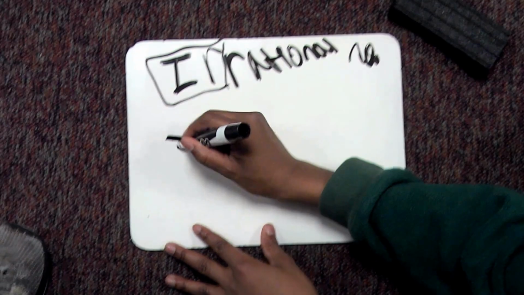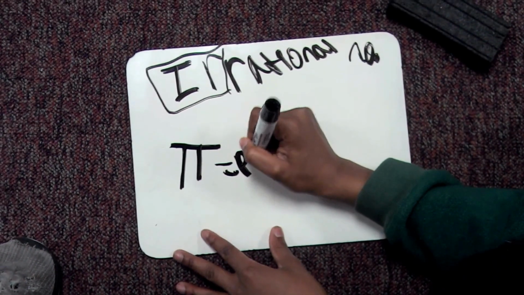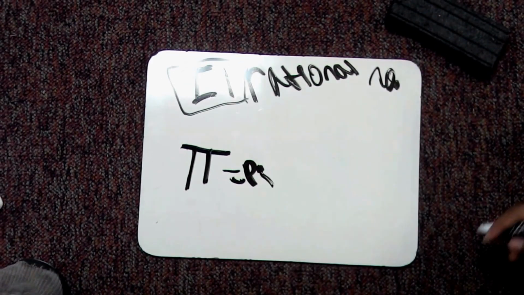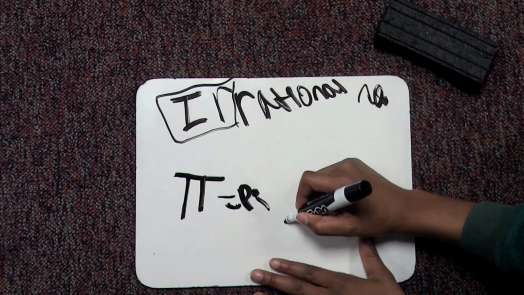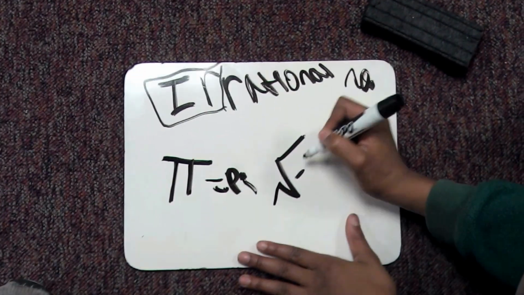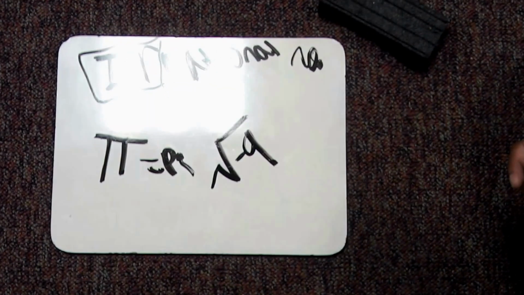These things include something like pi, which is spelled just pi, or negative square roots, like the square root of 9, -9.